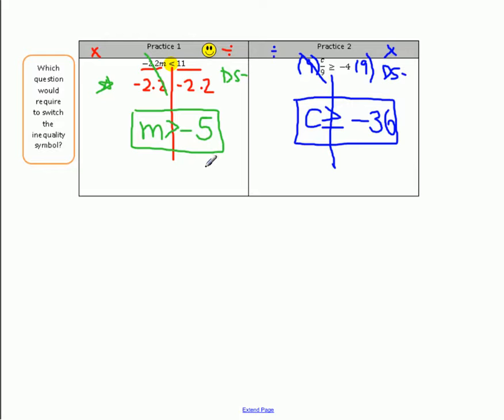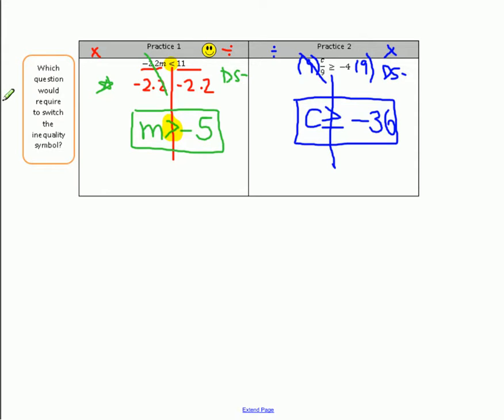So again, be very careful. If you are doing the dividing or the multiplying by a negative number, that's when the sign flips around, and only when.